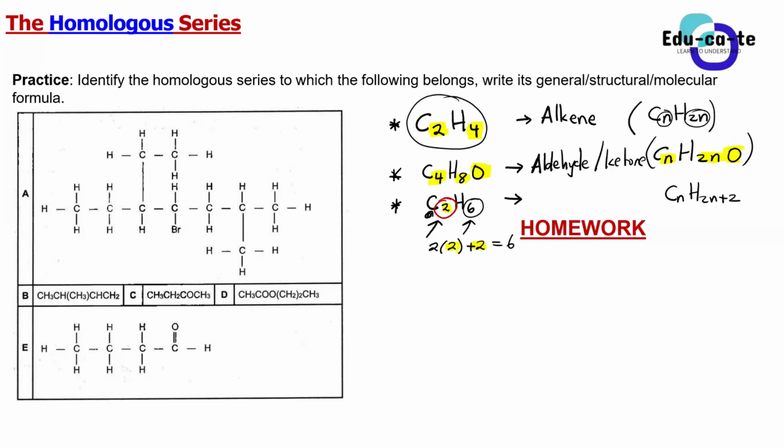We said 2 multiplied by the number of carbon atoms. If the number of carbon atoms is given, we multiply by 2, then add 2, and we get the number of hydrogen atoms. In this case, it clearly works: 2 times 2 plus 2 gives 6. That is the general formula for alkanes. Do you all see that?